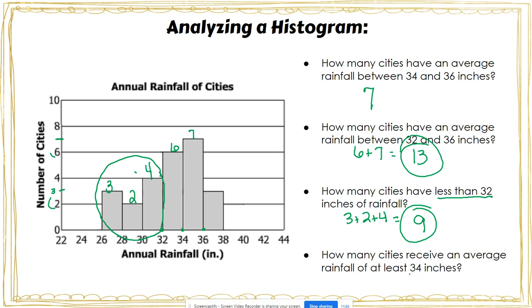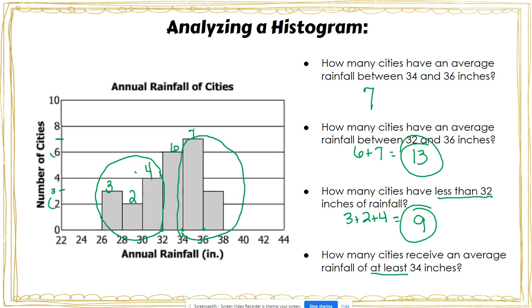Now, how many cities receive an average rainfall of at least 34 inches? This word at least is very important here. When we see at least, that means it can be 34 or it can be more than 34. So that means we're looking for everything from 34 higher. Well, if I look on my graph, there are 2 bars that represent 34 and higher.